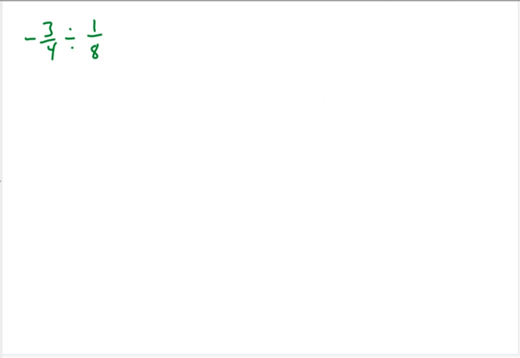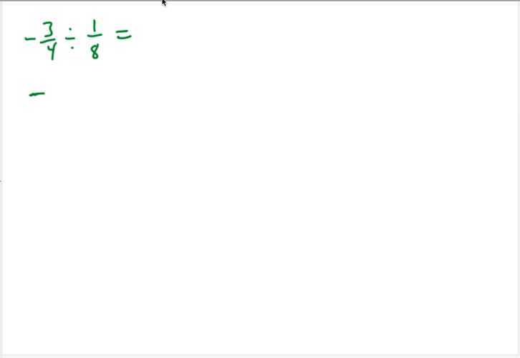Okay, getting into dividing fractions, which I think many of you will agree is much easier. So same as earlier in the year where we were dividing fractions, now we just have a negative fraction. So we know that the answer is going to be negative. Okay, so we'll put that there to remind us.